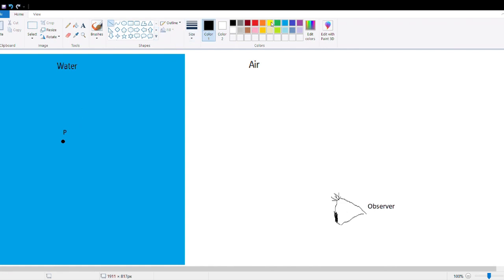We can see this effect when, for example, we immerse something in a glass of water. We don't see exactly where the object is, we see it as if it's closer to us.